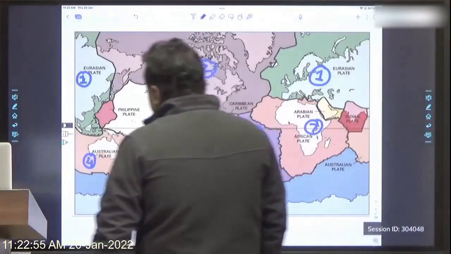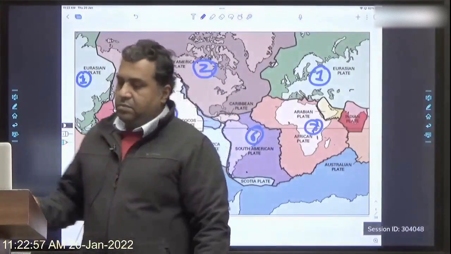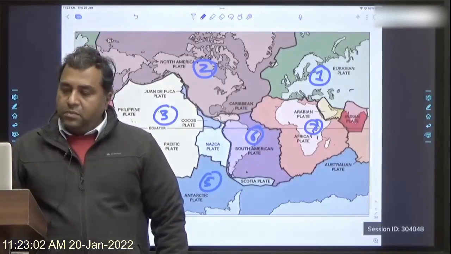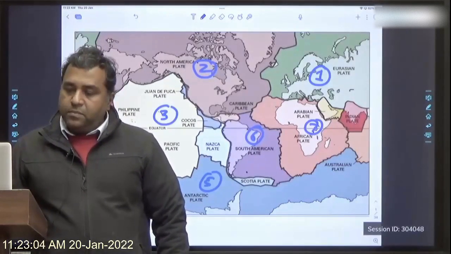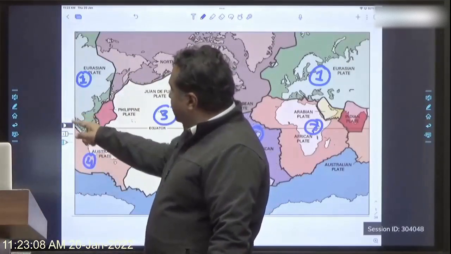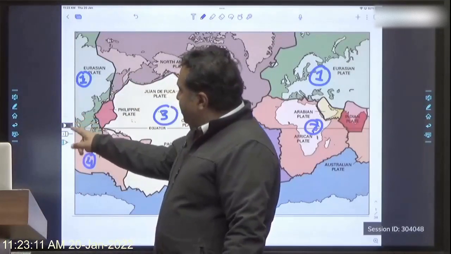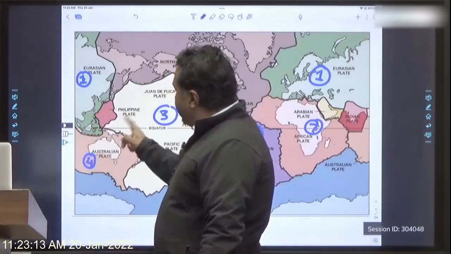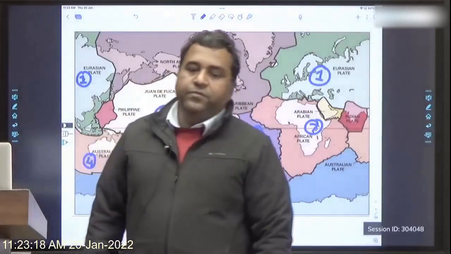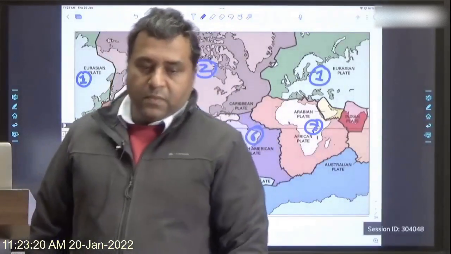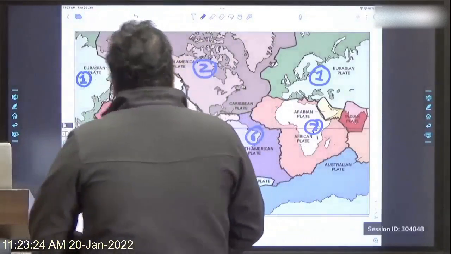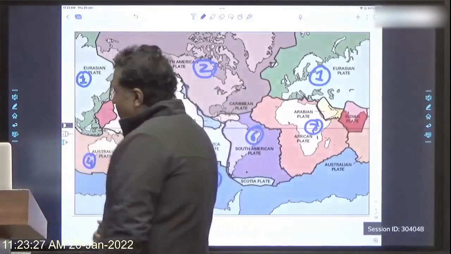Caroline plate lies somewhere here. In this region we have the Caroline plate and the Fiji plate, which is northeast of Australia. Okay, so these are the major and minor plates that we have. Hopefully we understand this. Right?